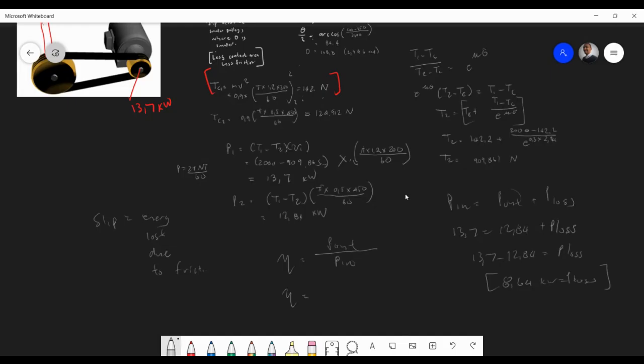And then of course to compute the efficiency, let's just quickly get it. What's P in? Of course, it must be a higher value, 13.7, and we have 12.84. So what's the efficiency of my drive? Can we get that? Hello?